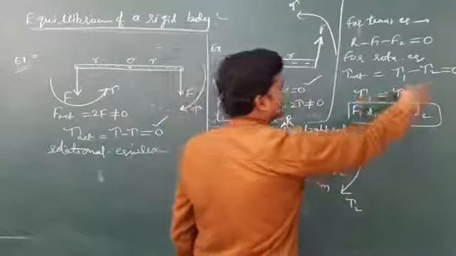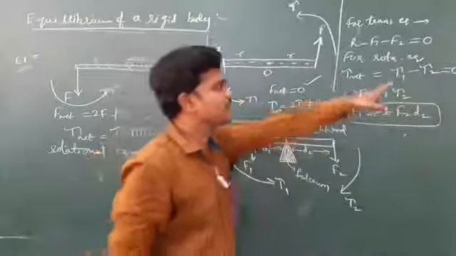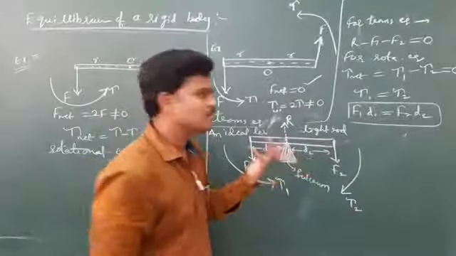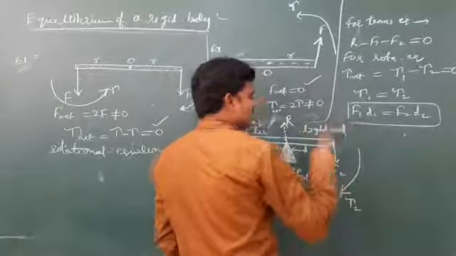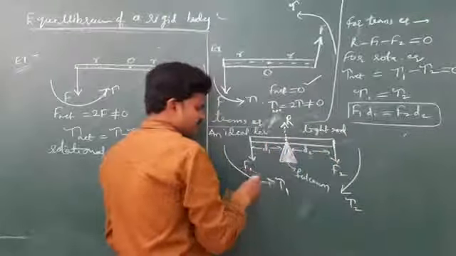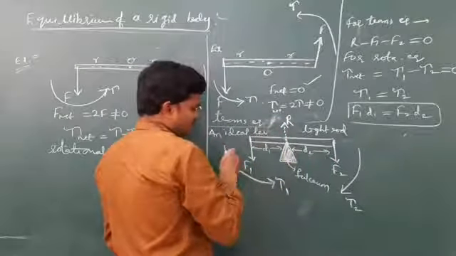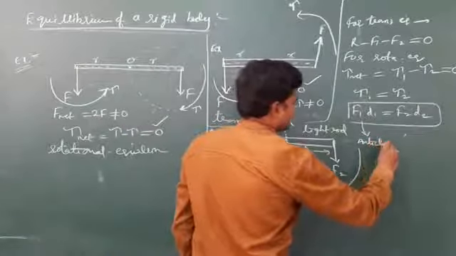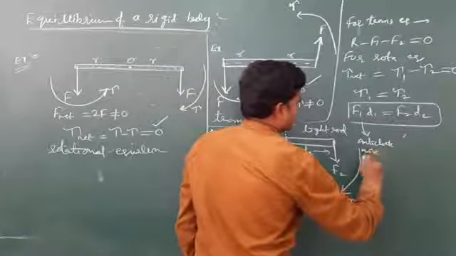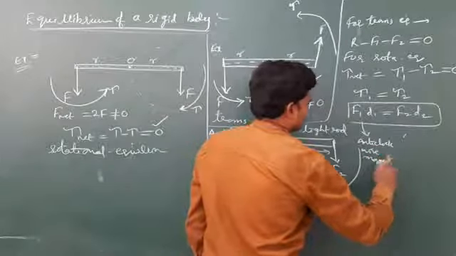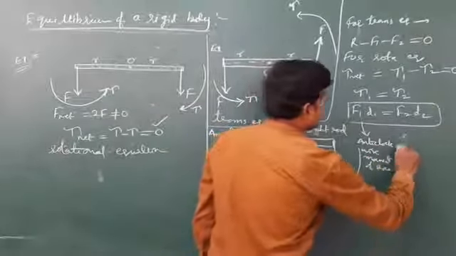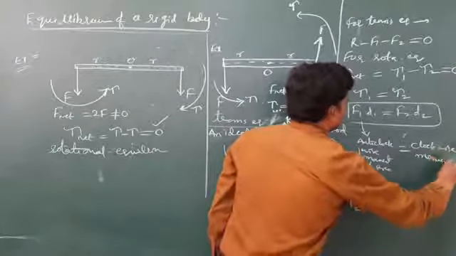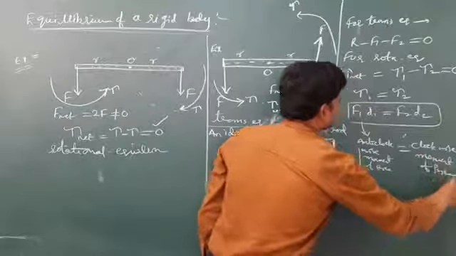Net torque is 0 means what? The sum of moments about the fulcrum is 0. F1 D1 is the anti-clockwise torque, the anti-clockwise moment of force, which is equal to the clockwise moment of force.